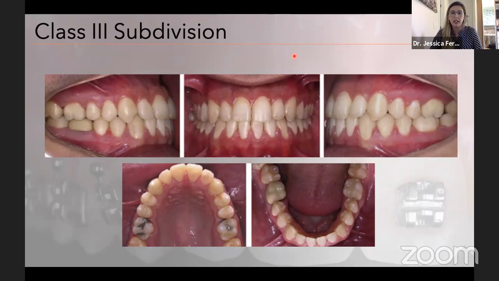You can see the class 1 molar bilateral relationships, canine relationships, and the coincidence of the dental midlines. However, we know that patients like this will require very good, excellent compliance, and unfortunately, this is not a reality with our patients. Most of them are not very compliant.